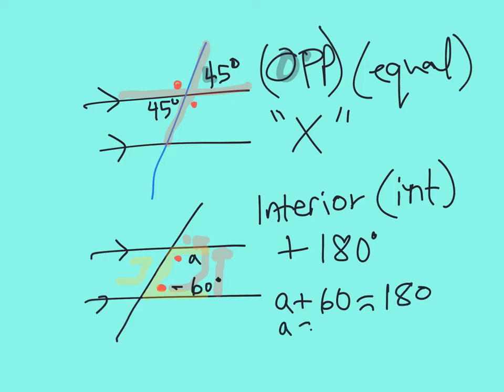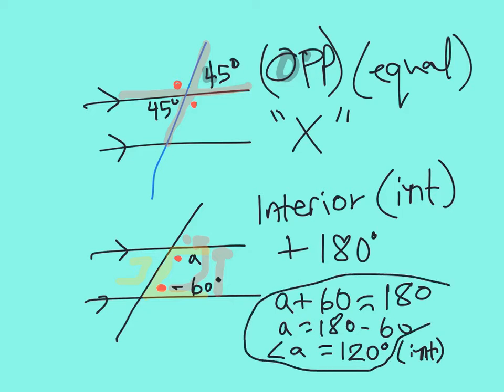Then A equals 180 minus 60, which means angle A equals 120, and I know this because of interior. So that proof is, what do you actually know? All of this stuff is the mathematics around it, but this is saying I'm proving it based on this angle property, okay? So we've got X, we've got C.